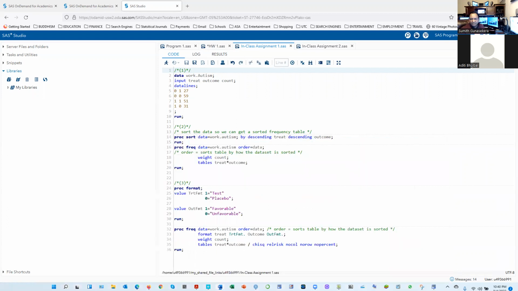Then question number 2, what they ask us to do is create a contingency table. If you want, you can sort this by descending or ascending order. Then get the weight count table, treat by outcome. Let's get this data on first.